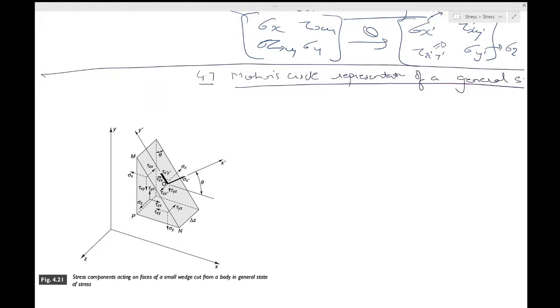Now suppose we consider a situation in which the stress components associated with the z-axis are not zero. Okay, so tau zx, tau zy, and sigma z are not equal to 0, so that it is not plane stress.